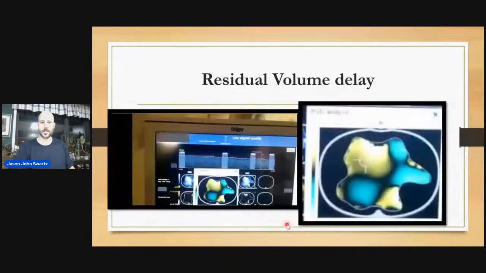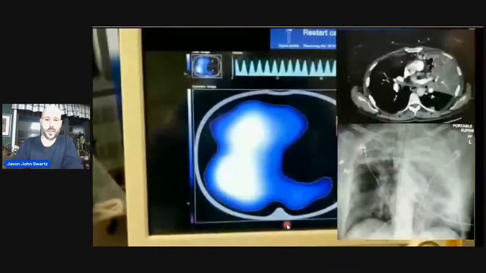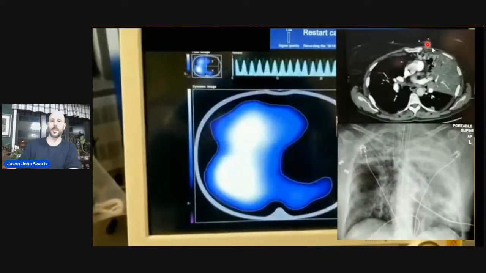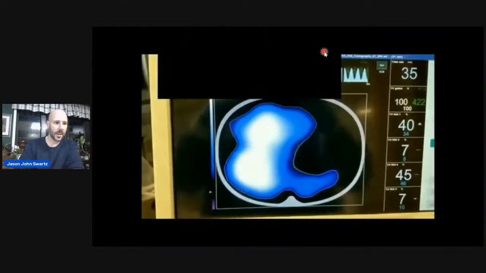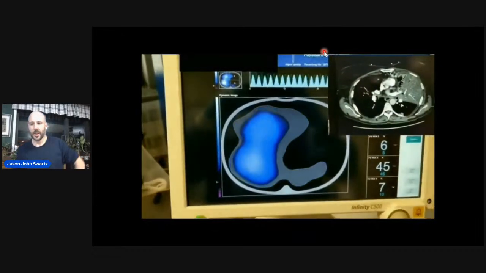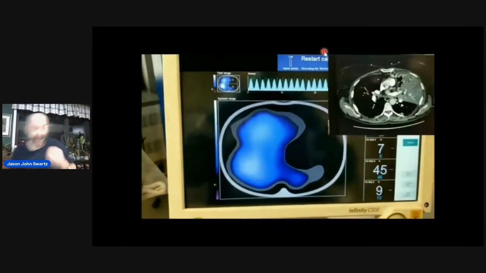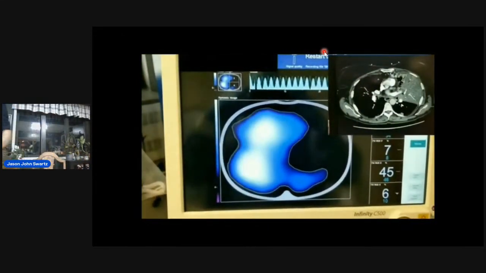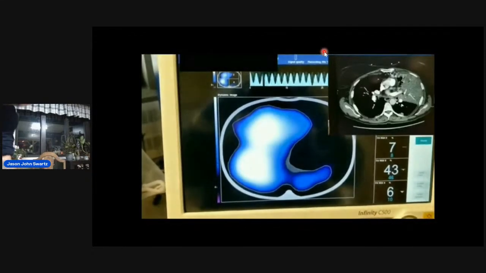Blast through this. Here's just a few more pictures. Here's your CT scan aeration, consolidation here, and you can see it's very accurate. And this is the X-ray. Here's the dynamic image of it. So we have a very, very accurate technology.